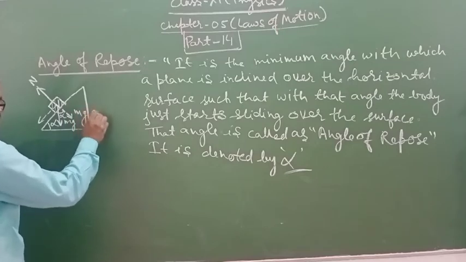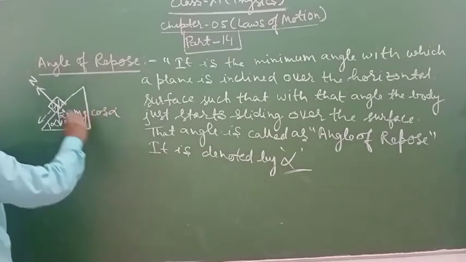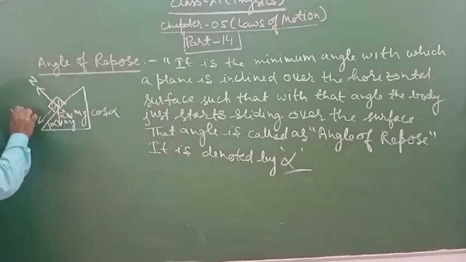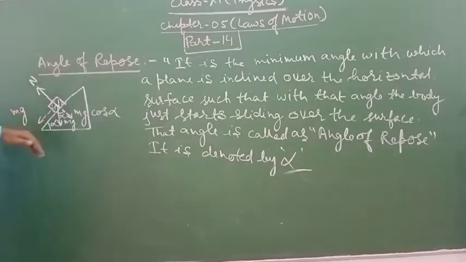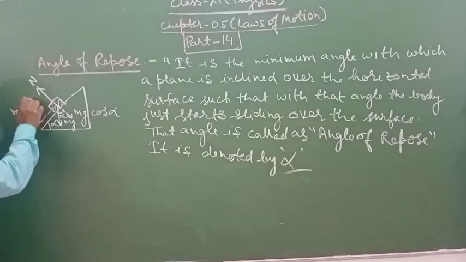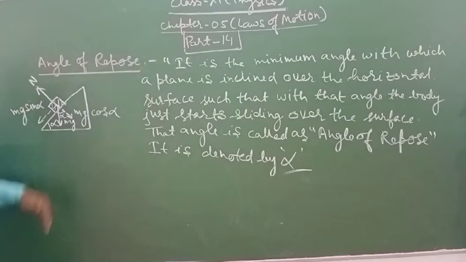So this becomes mg cos alpha, and this is the resolution of the weight. The weight mg is acting downward. This is mg sin alpha, and this is mg cos alpha.